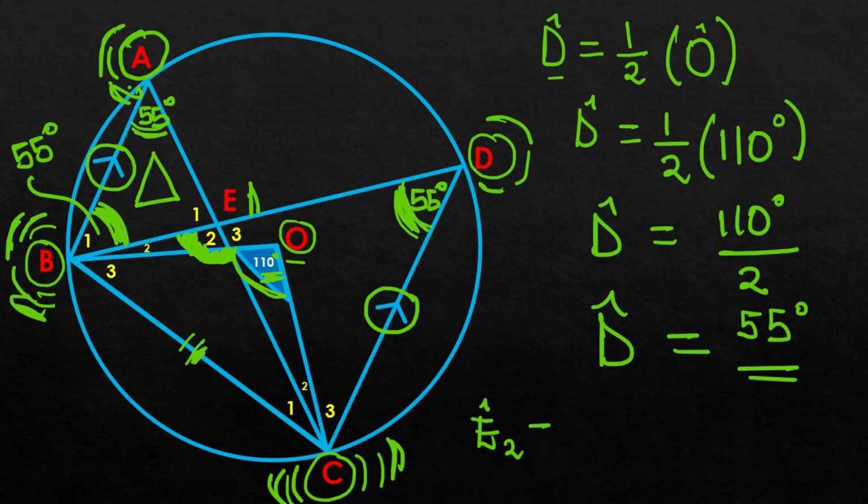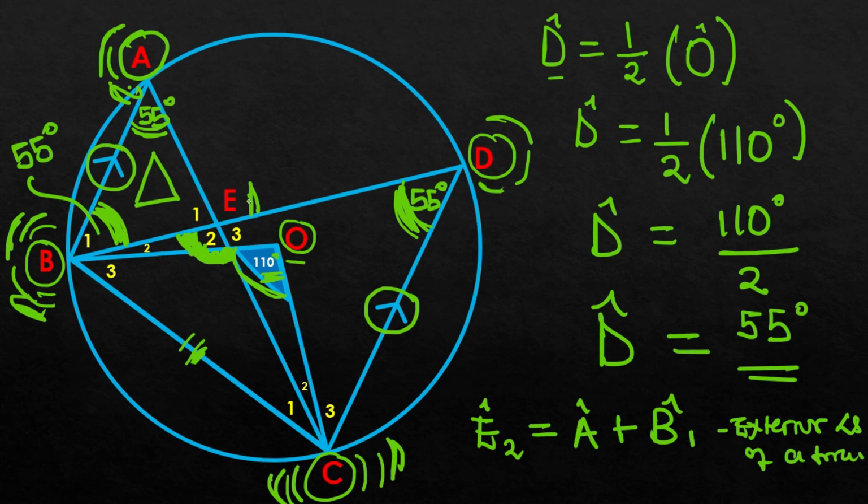So in order for us to find E2, which is an exterior angle of triangle ABE, E2 will be equal to angle A plus angle B1. And the reason being is exterior angle of a triangle.